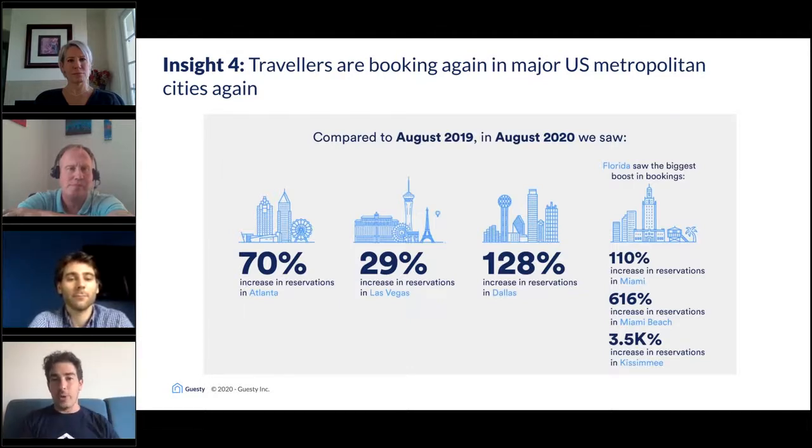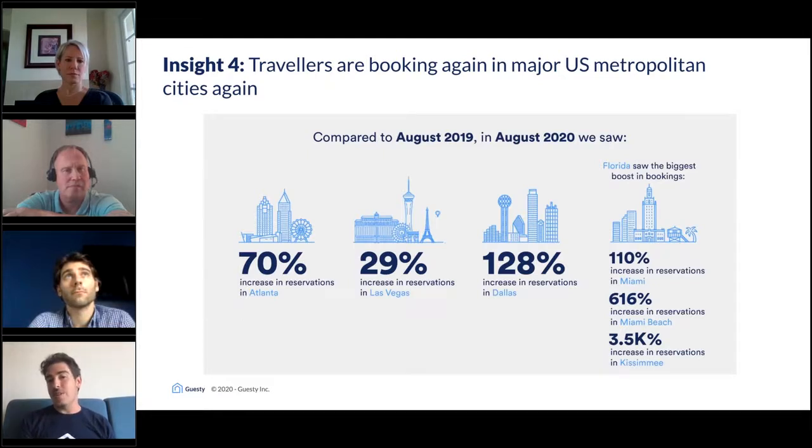And so the short-term rental industry is weathering the storm much better and was very agile, which really led to an amazing increase in the number of reservations in 2020 compared to, again, a peak month like August 2019, which before August 2020 was actually one of the strongest months ever for the short-term rental industry.